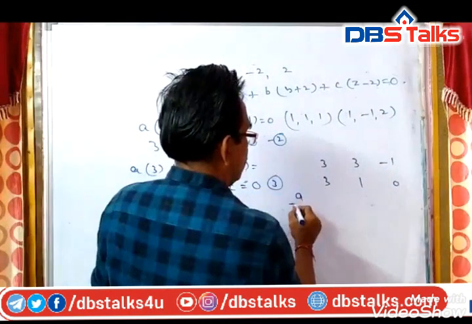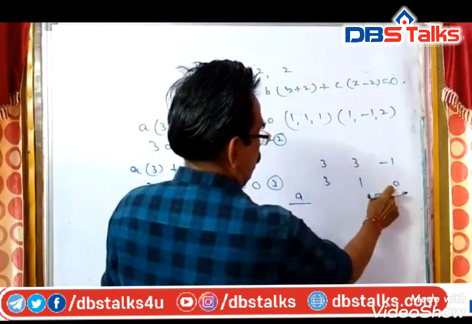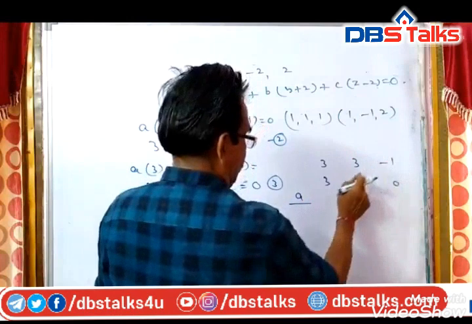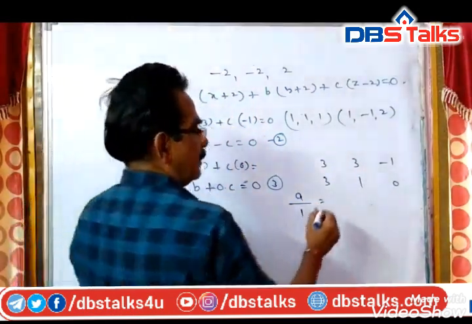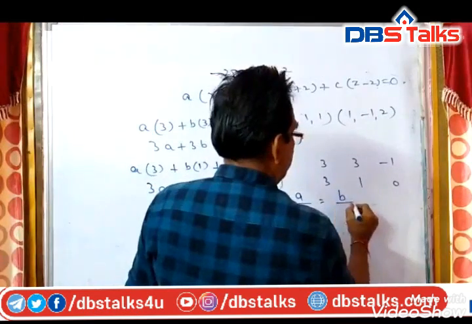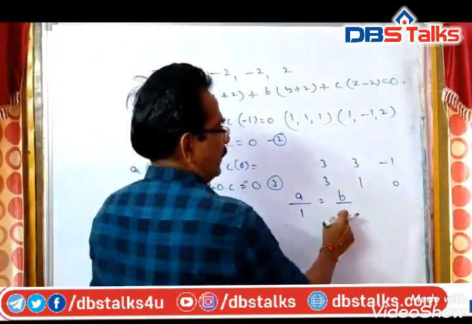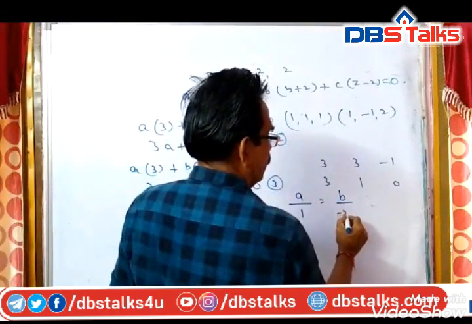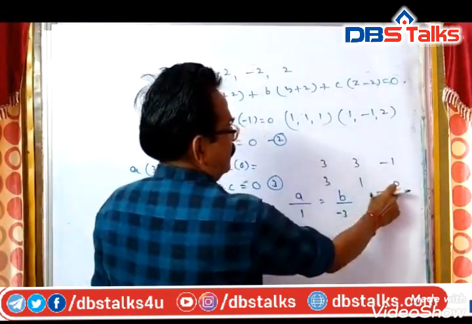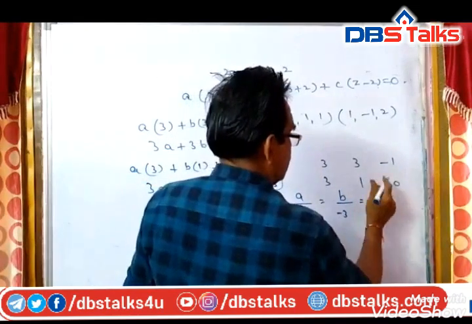So a by (3 times 0 minus (-1) times 1) gives a = 1. For b, minus 1 into 3 is minus 3, 0 into 3 is 0.